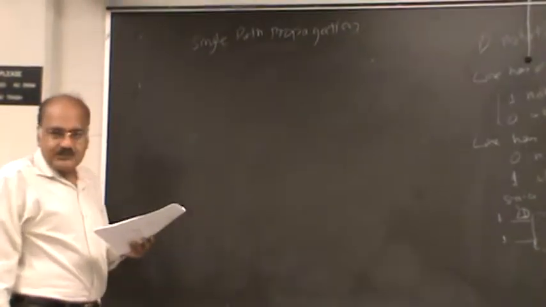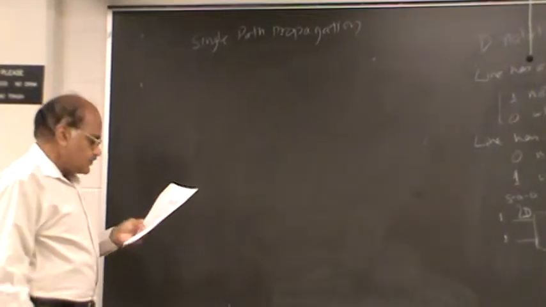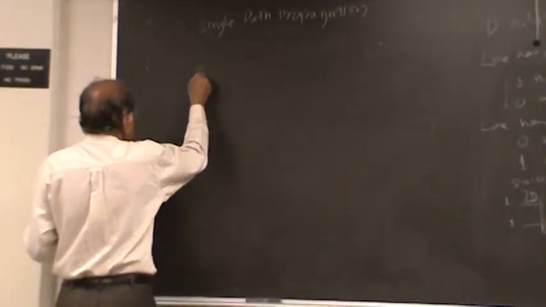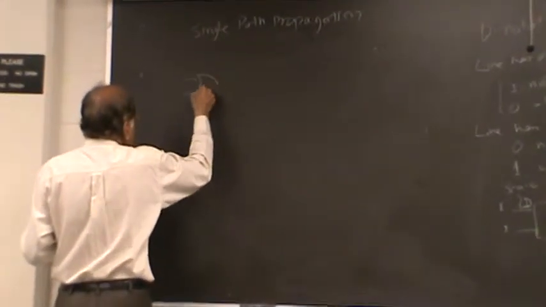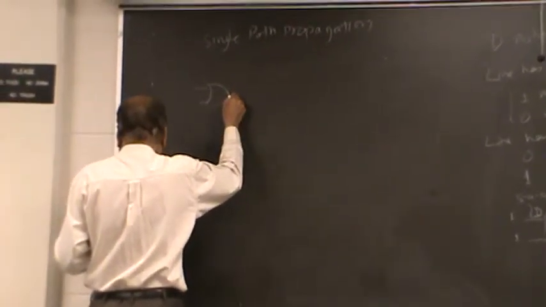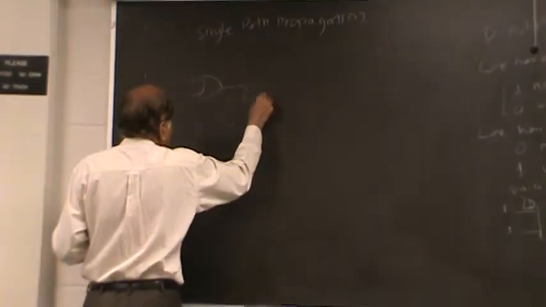And the best way to illustrate this idea is to use a simple example. So how about we use this example here. Here's an OR gate, and let's put an AND gate there.